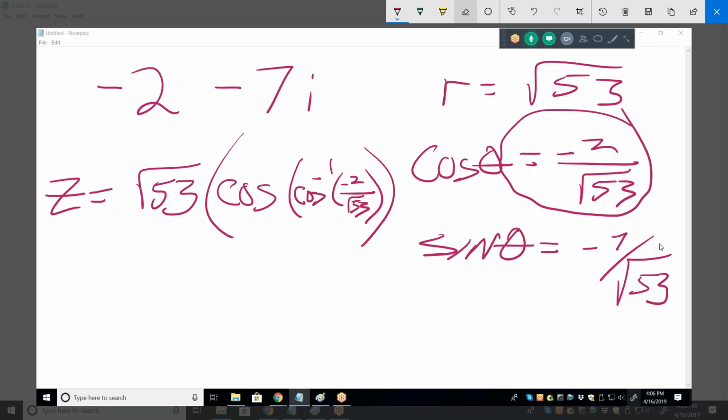That's right. Plus, and I'll write the sine the same way. Let's see, how many parentheses do I need here? I need that one plus i sine of inverse sine of -7 over root 53.